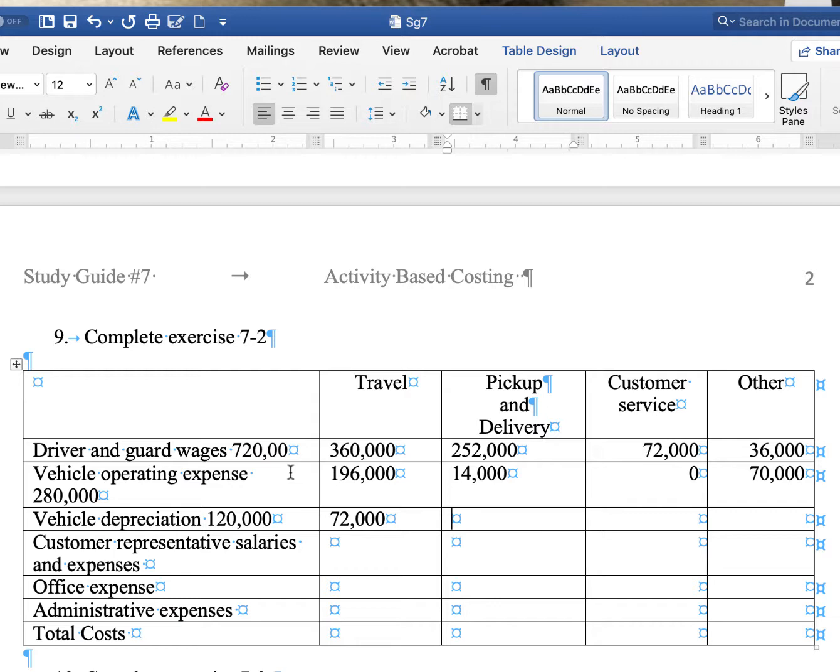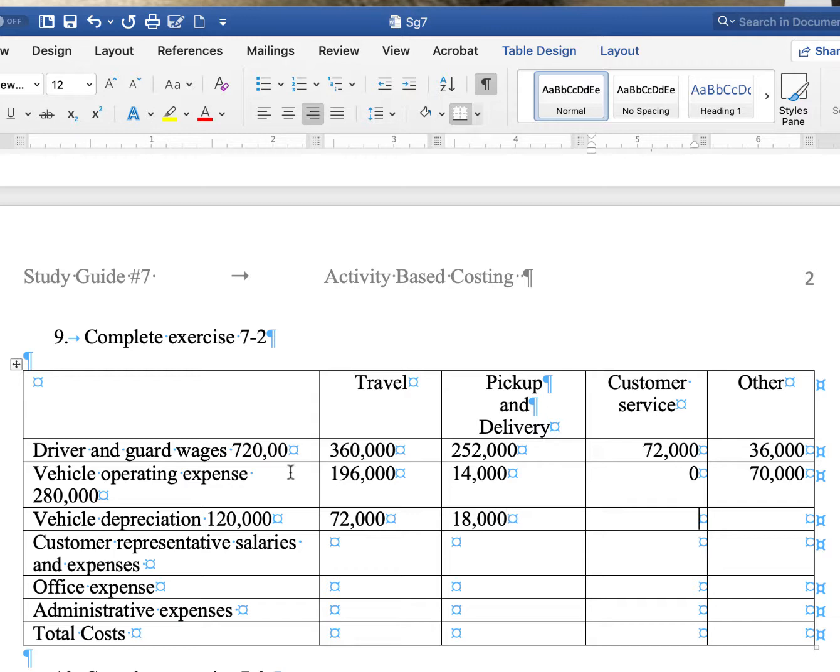Same thing with pickup and delivery. Pickup and delivery consumes 15% of vehicle depreciation costs. Well, 120,000 times 15% gives me $18,000.